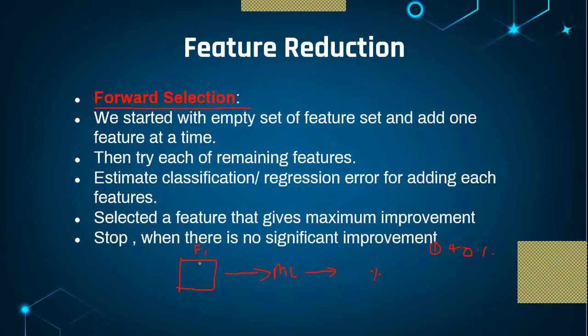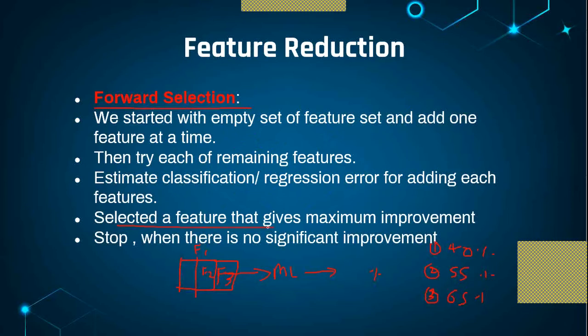Now I am adding a new feature, that is F2, after F1. I check again with the ML model, and now I am increasing my accuracy, and now it is 55%. Now when you add F3, it is 65%.